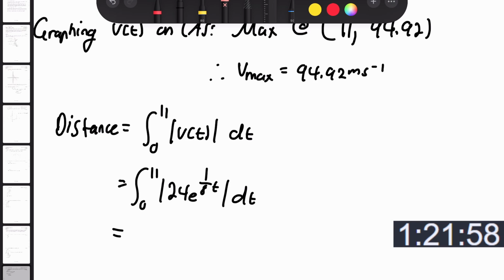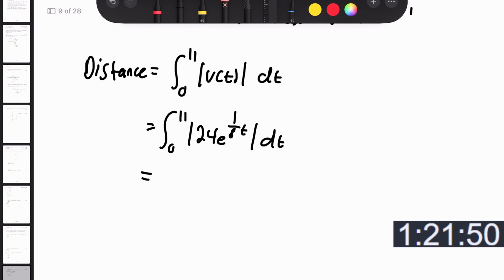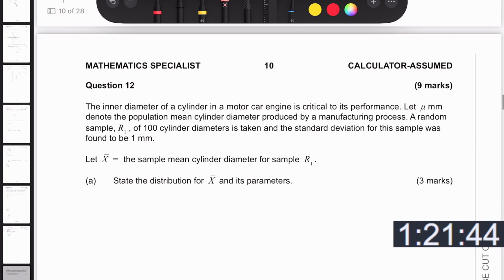So putting this in my CAS, e to the x on 8 dx, I get that this was 567.37 meters.